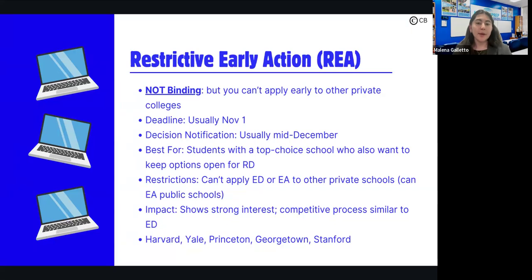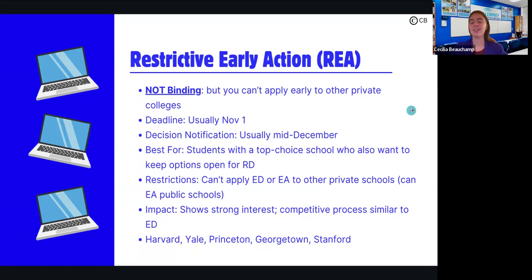And like early decision, it shows strong interest to the school because you're not applying to other private schools early if you apply to a school REA. And it's competitive similar to ED because you're in a smaller applicant pool, so it is boosting your chances. But there are other competitive applicants as well. And like I mentioned, schools like Harvard, Yale, Princeton, Georgetown, and Stanford do REA.